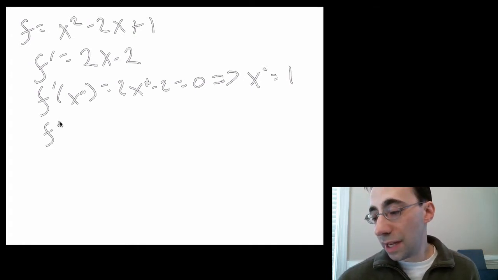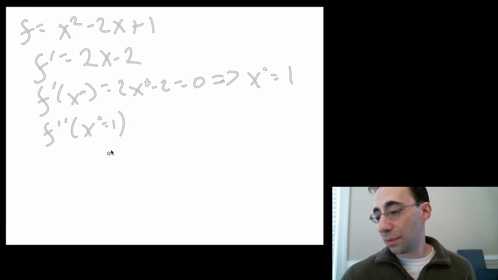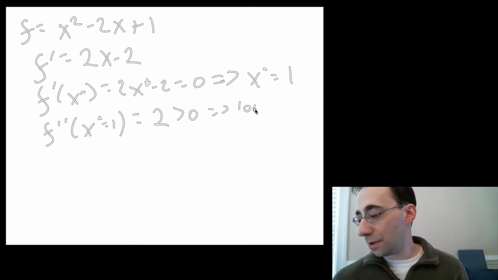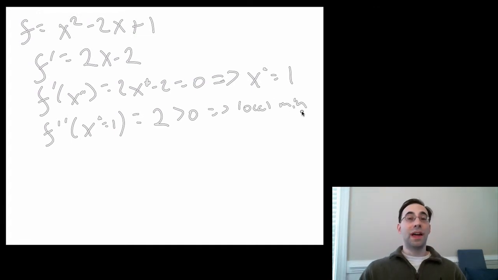Next, we're going to calculate the second derivative at this point. There's only one, so we'll just put the 1 in there. Well, the second derivative is just 2. That is always positive. So this is going to be a local minimum. And we don't need to order any other higher order derivatives. So that's great.